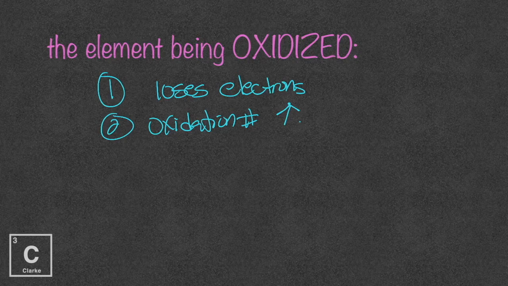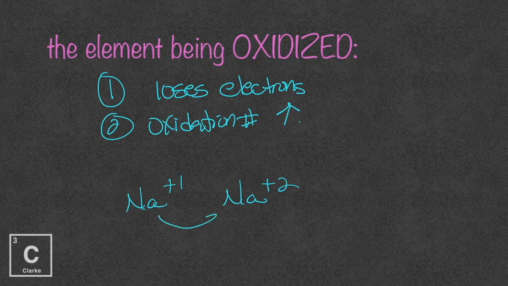So for example, if we have sodium plus 1 and that turns into sodium plus 2, to make that jump from plus 1 to plus 2, it had to lose an electron. Is that making sense? Sodium is number 11 on the periodic table.